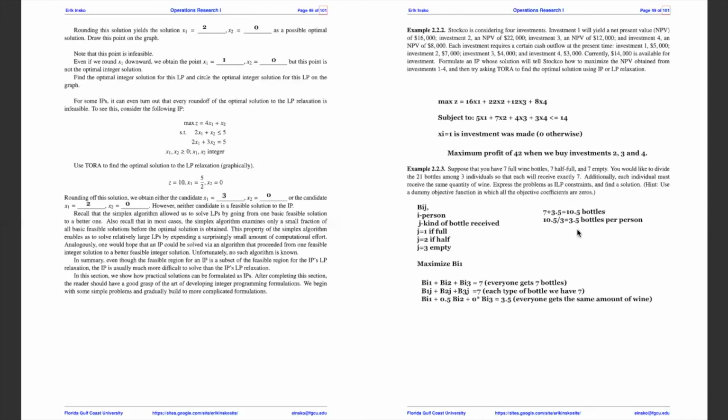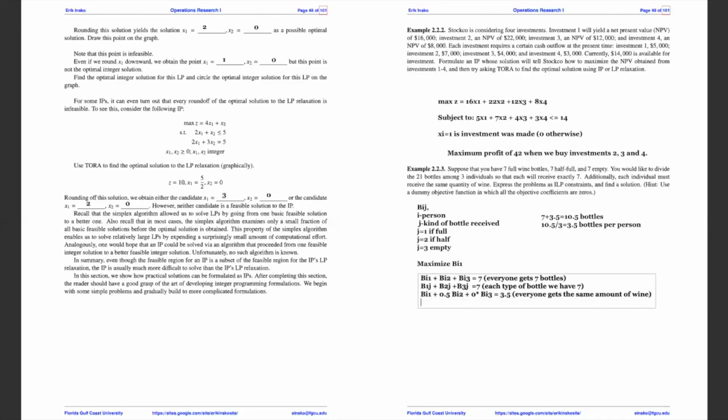So based on all those restrictions, we just need to denote that Bij needs to be bigger than or equal to 0, and it needs to be an integer, because we don't want to give people broken bottles. So based on this, we're going to have 3 equations for each of our constraints.